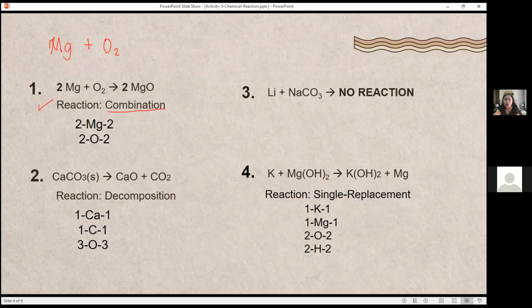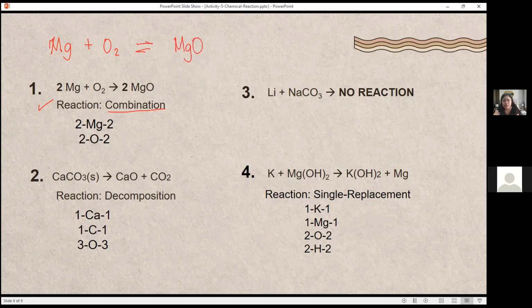This is a diatomic molecule, but it is considered one element here. That is your hint. In a quiz or exam, this will be your hint that the reaction is a combination: one element combining with another element, and you will only have one product, a compound.